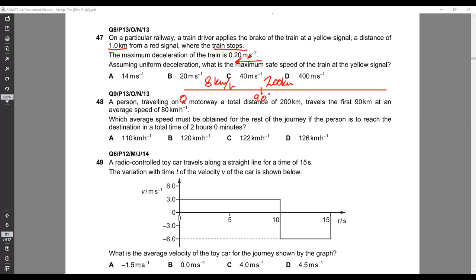So can you check how long it will take to cover that 90 kilometers, in hours? The speed is 80 kilometers per hour and the distance is 90 kilometers. So in hours, how much time will it take? Simple. There is no equation of motion, but simple. How much time will it take?